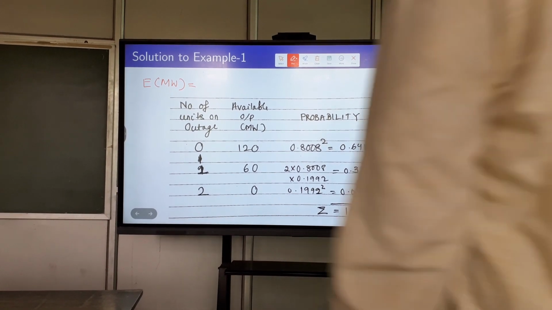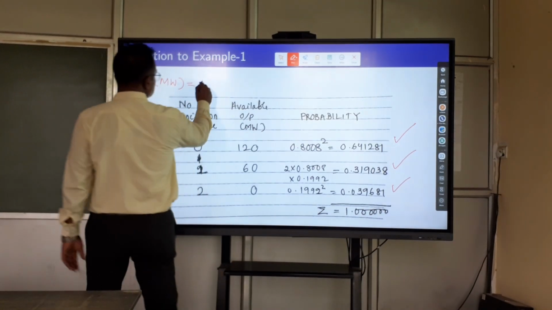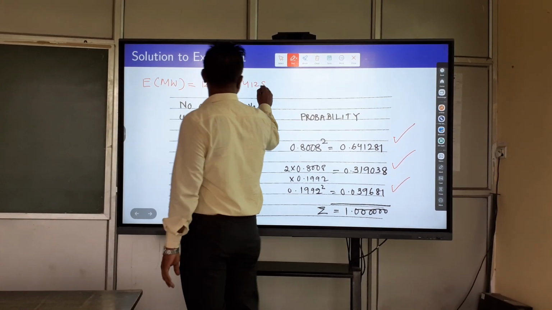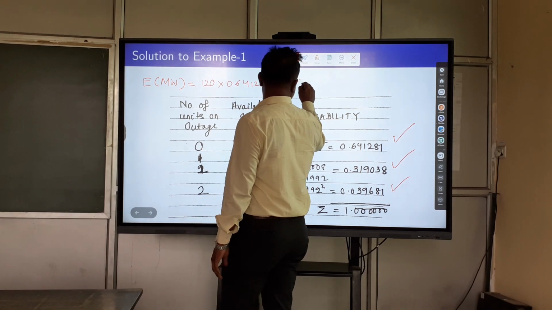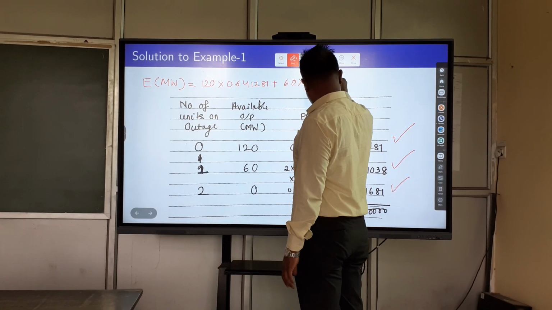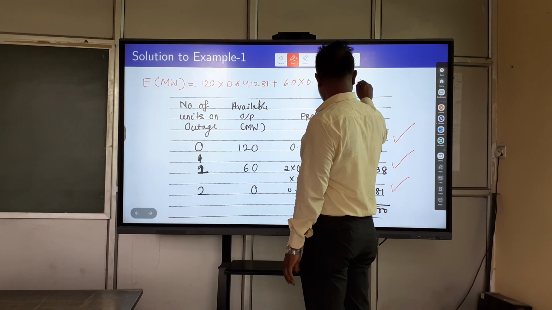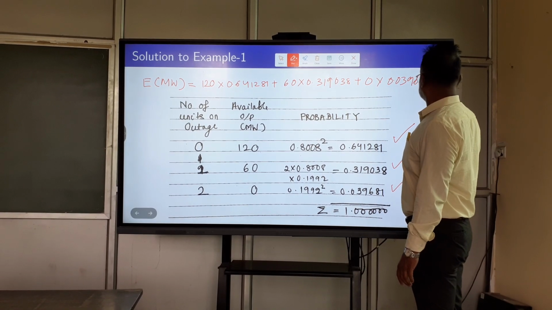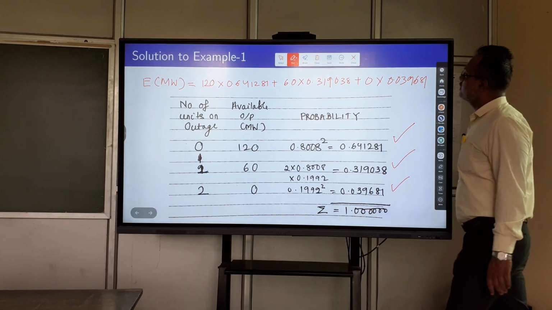The total available capacity is equal to 120 into... how much is this? Compute.